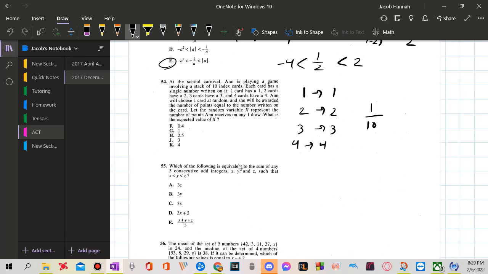The total number of points is 4 times 4, so 16 points from this one, 9 points from this one, 4 points, 1 point. So 9 plus 16 is 25, plus 4 plus 1. It's going to be 30 points.